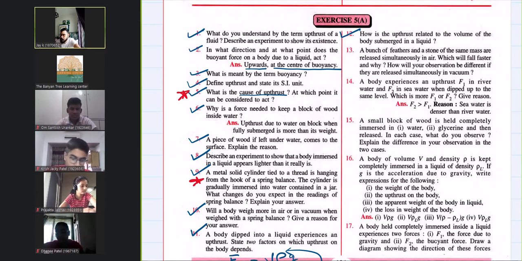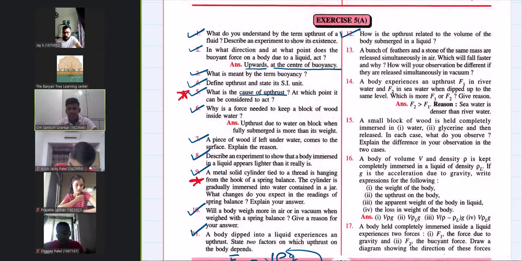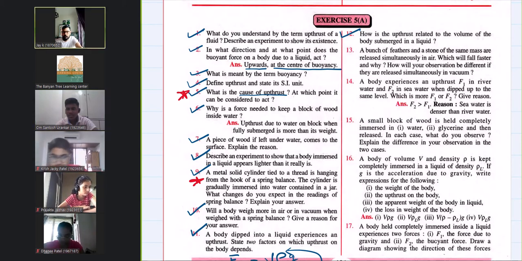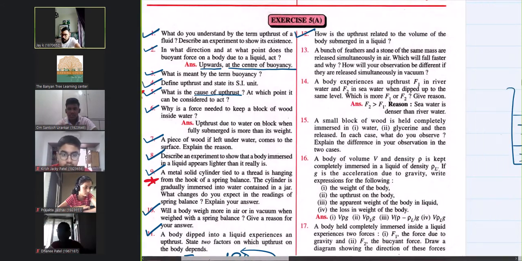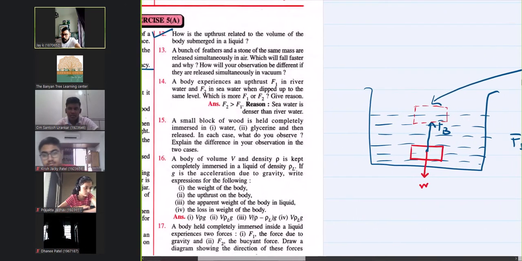How is the upthrust related to the volume of the body submerged in a liquid? Sir, upthrust is greater related to the volume of the body submerged in liquid. I did not understand what you mean. You did not frame it properly.